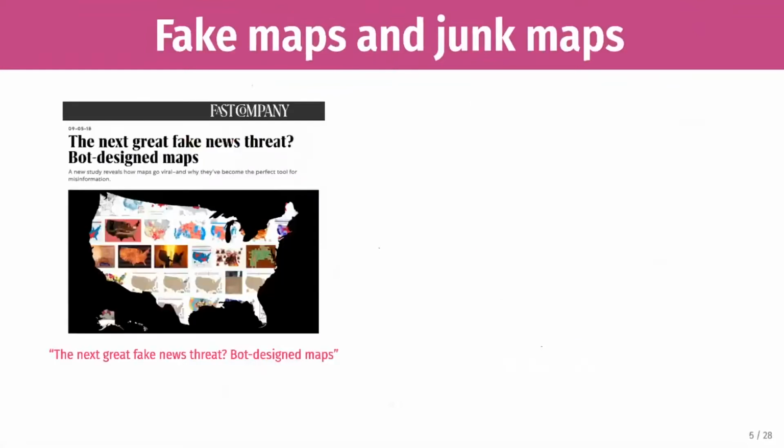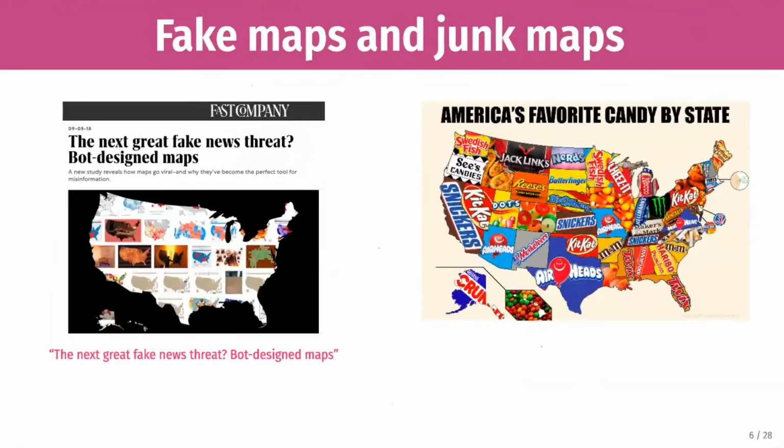There are dangers with this in the whole world of fake news, where there are these content farms in Eastern Europe that are writing fake news stories. Lots of them have discovered that maps go really viral, and so it's easy to make fake maps and have that go viral.